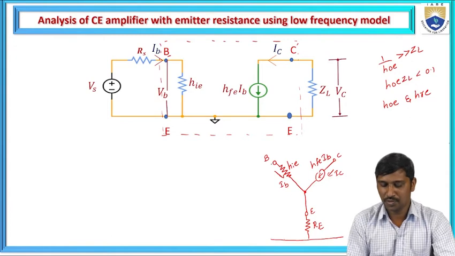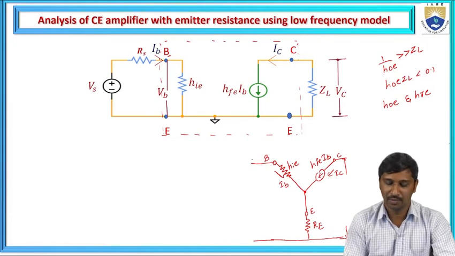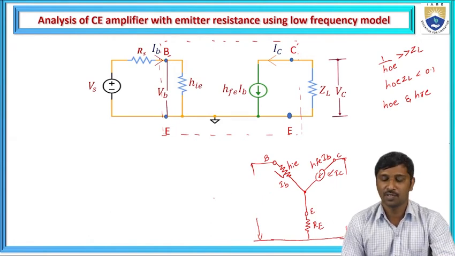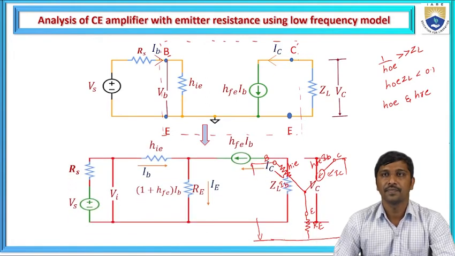Now, we need to observe the input between the base terminal and emitter terminal, and the output is measured between the collector terminal and the emitter node. So for this case, we need to add a source resistance as well as a load resistance to define a small signal model. Hence, here I am going to show you the small signal model for common emitter amplifier with an emitter resistance.